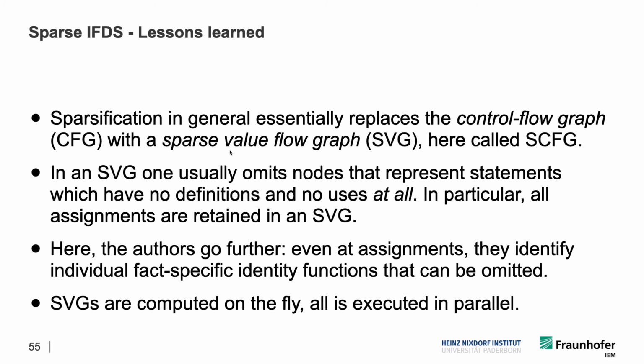But that's not the case that you have here, because here the authors go further, because even at assignments, they identify individual fact-specific identity functions that can also be omitted, right? So here, the value flow graphs are more sparse. There's not one graph per procedure, but there's actually one graph per access path and procedure. So they have more graphs, but each individual graph is more sparse.